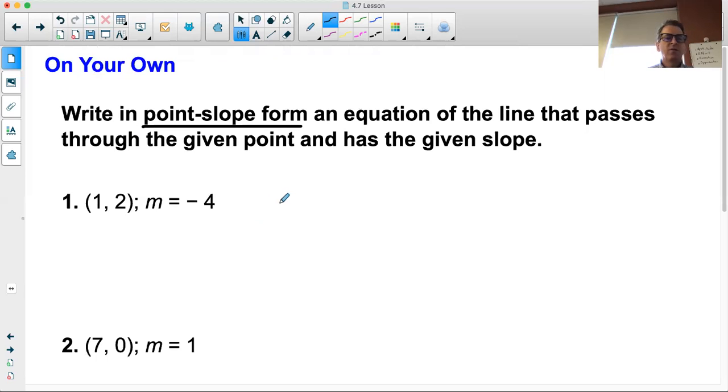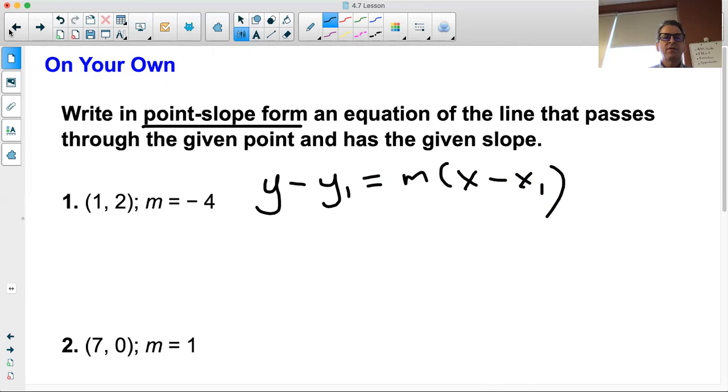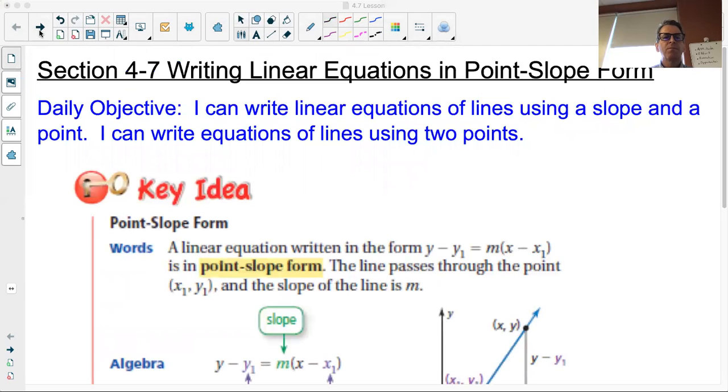For each of these, I'm going to put down the relationship y minus y1 is equal to m times x minus x1. That's our relationship from our point slope form.